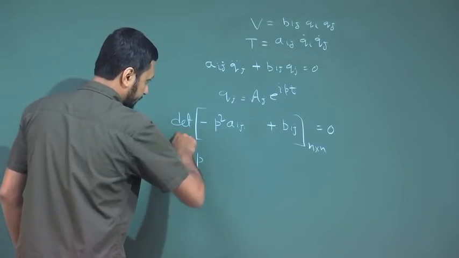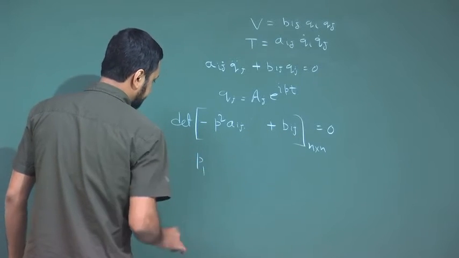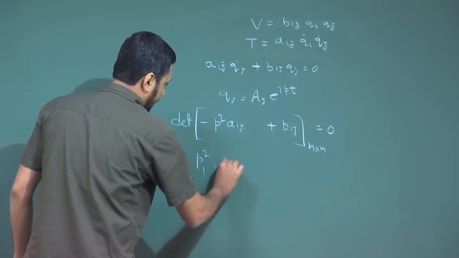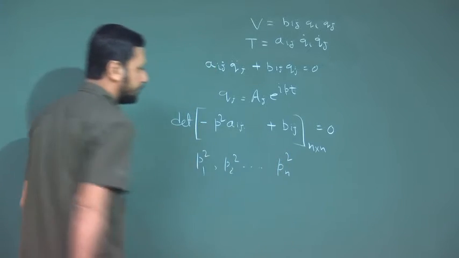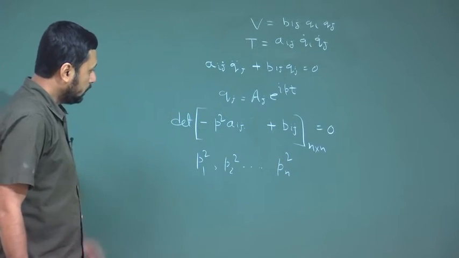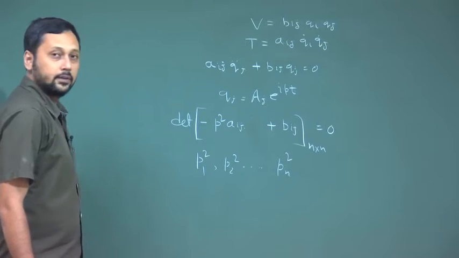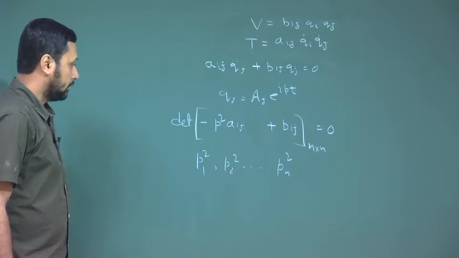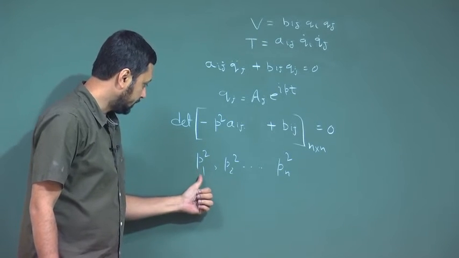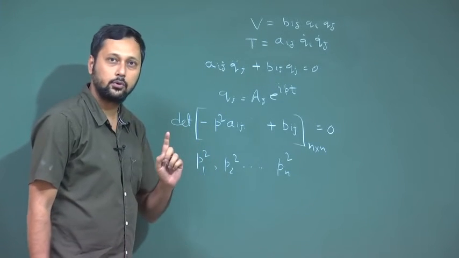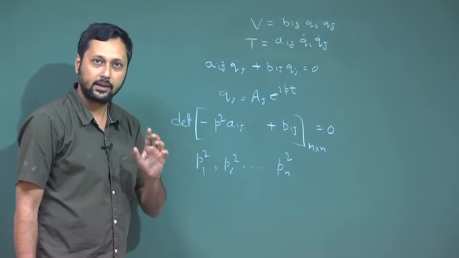By solving this, we would find p_1 square, p_2 square up to p_n square. The argument was that each of these eigenvalues will correspond to one set of eigenvectors.